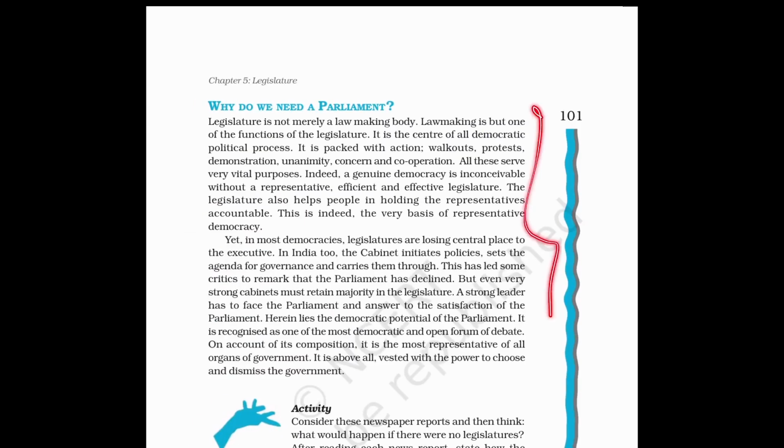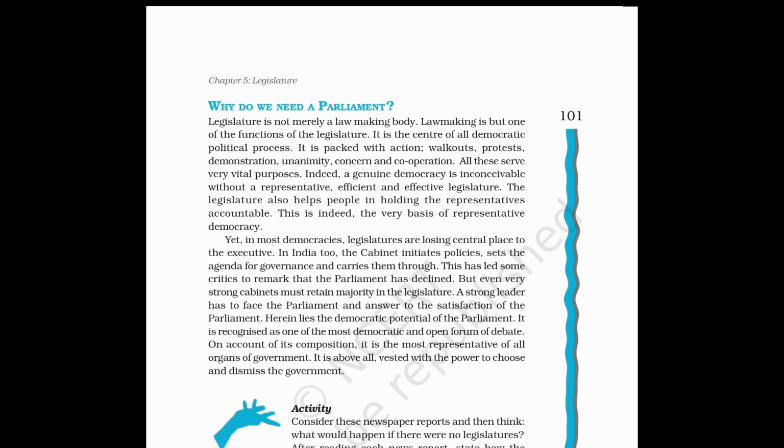Let's get back to the first set of points, which you need to understand that exactly why do we need a parliament? Is it only because it is a law-making body? No. Definitely, it is the most important, or let's say the prime function of a legislature. The most important thing, it is the center of all the democratic political process. What does this mean?